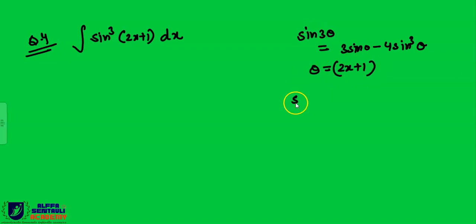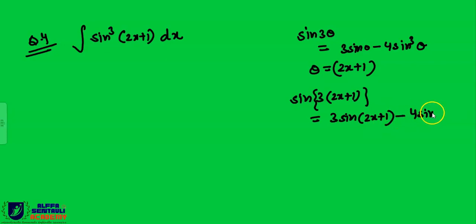If you replace this, I get 3 times (2x plus 1) in place of θ. Now this can be written as 3 sin(2x plus 1) minus 4 sin³(2x plus 1), correct? Now you can write this sin cube in terms of this term.